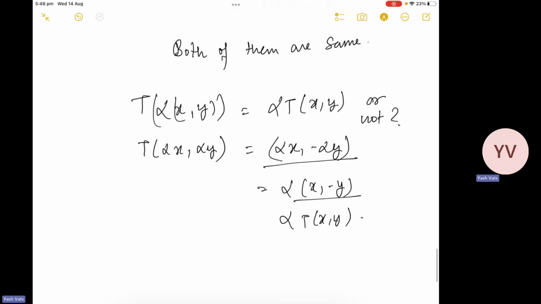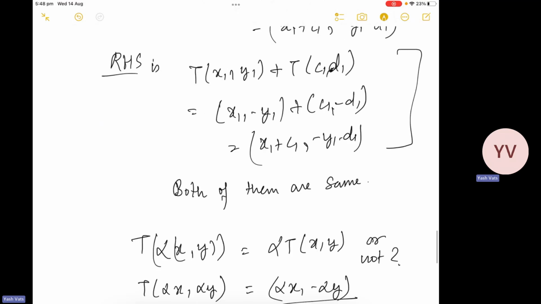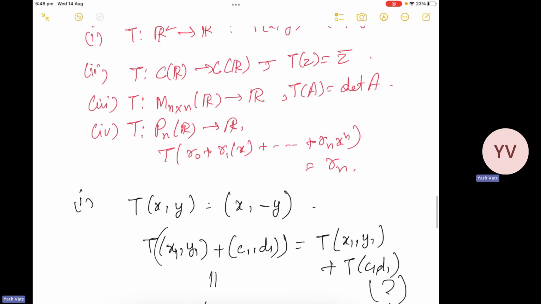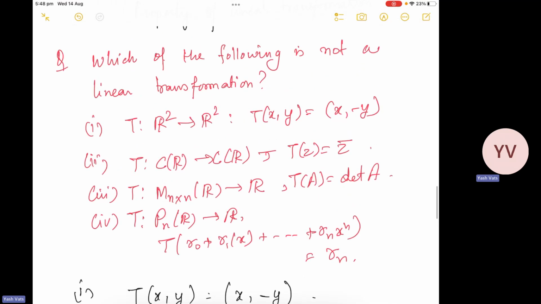So it's true. So the first part is a linear transformation. We will be discussing only these concepts today. The other one is this one, which is T(z) equals z bar.